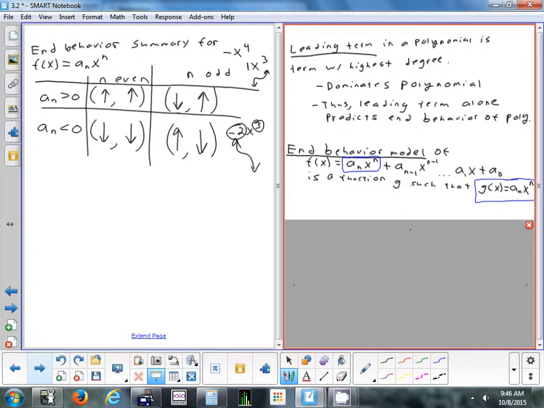So we call it an end behavior model. So if I give you a polynomial and say, write the end behavior model for this polynomial, all you have to do is write down the leading term. Everything else after it doesn't matter.